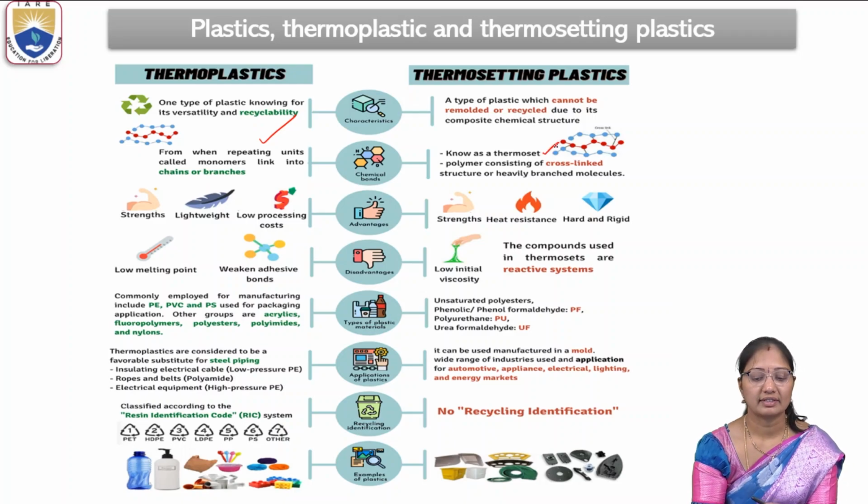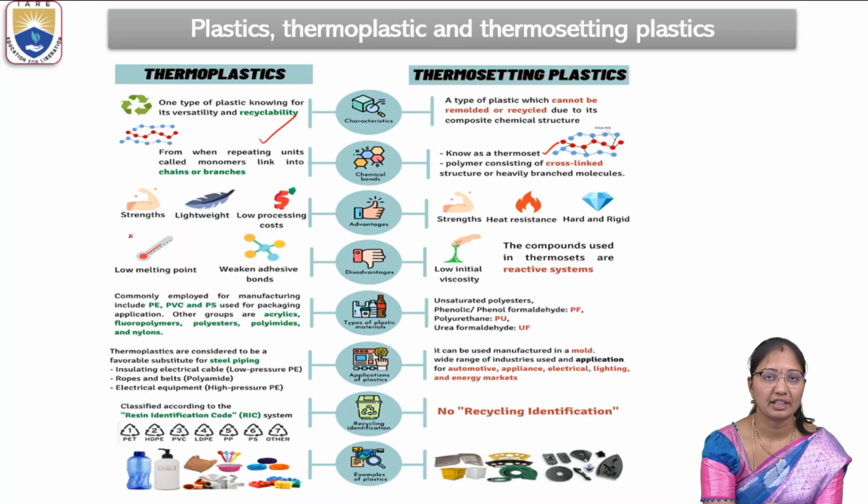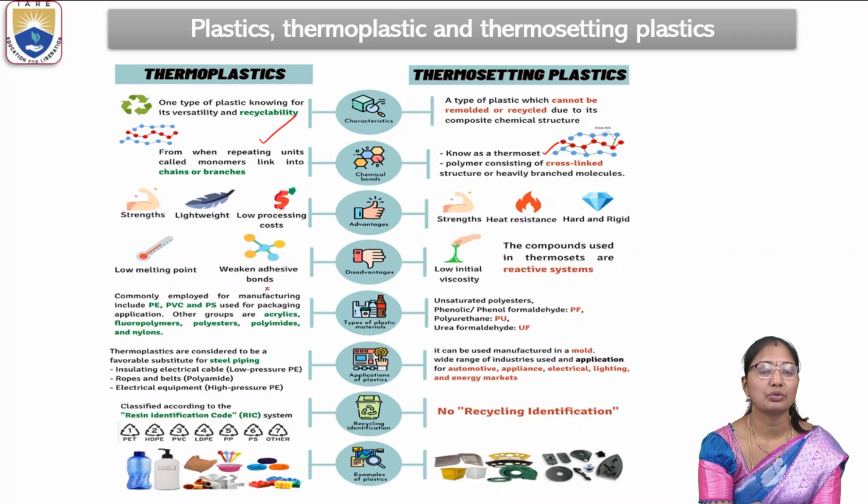They are also known as thermosets. These polymers generally consist of cross links between the chains. Here the advantages are strength, lightweight, low processing cost and low melting point, and weak adhesive bonds between the linear molecules. This allows the recyclability and remolding of these thermoplastics.